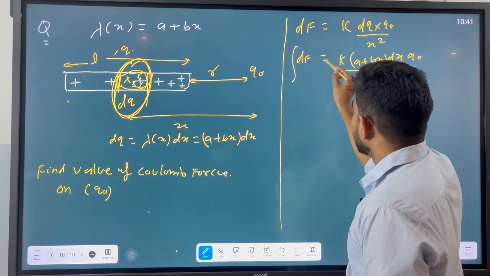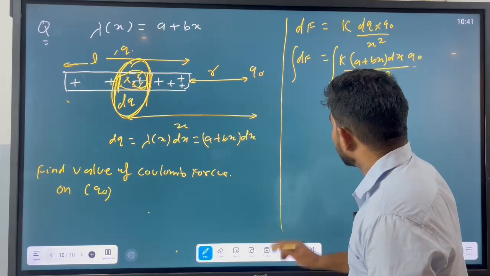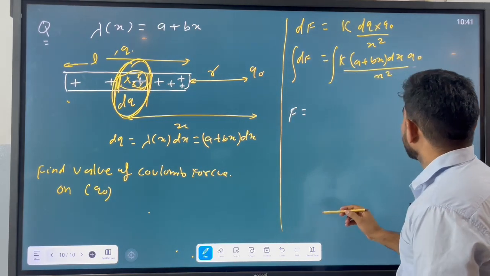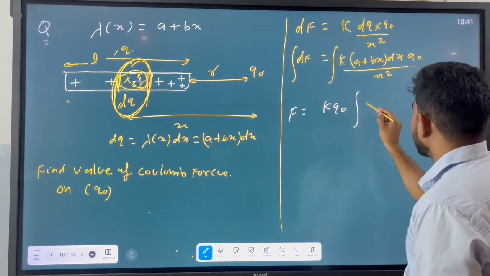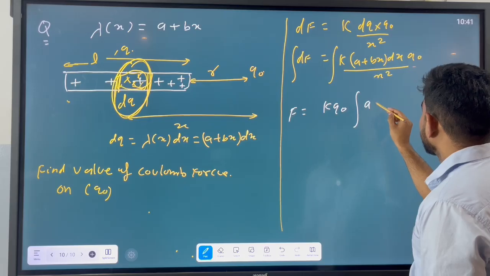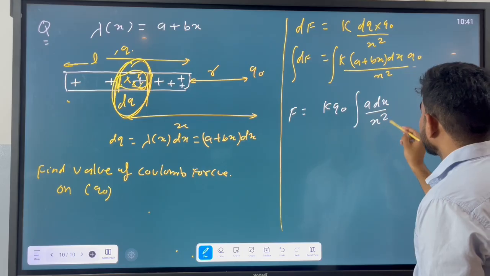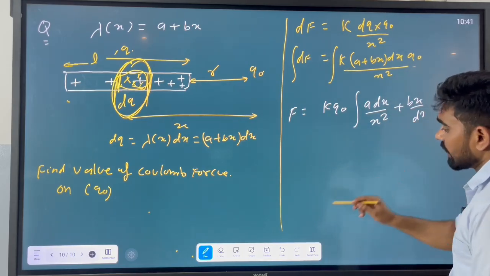Integrating both sides, F equals k times q naught times the integration of a dx divided by x square plus bx dx divided by x square.